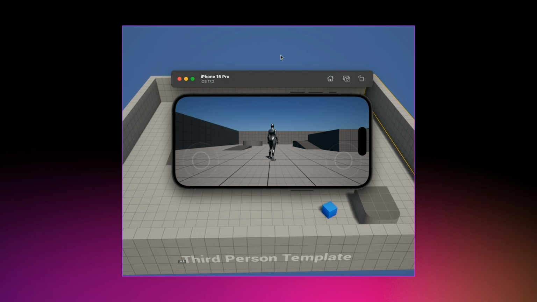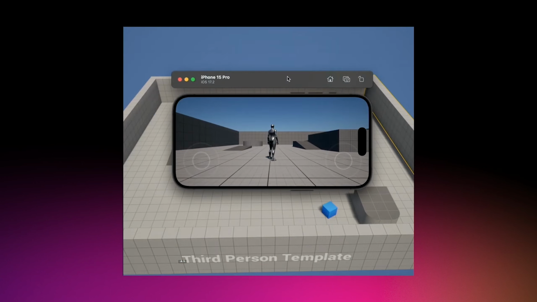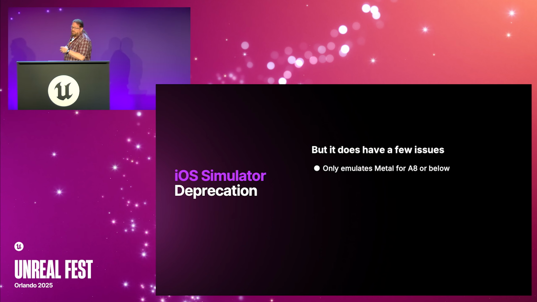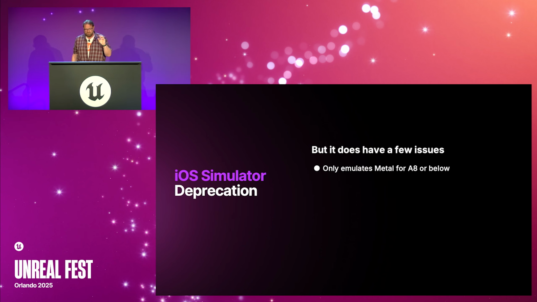It really hasn't been updated in a while, and it has some issues. So we are deprecating the iOS simulator for something else that's coming up. It only emulates Metal on A8 devices or less. So all the neat new features that you have on the A12s, A13s, we can't support those due to the limitations of the simulator.